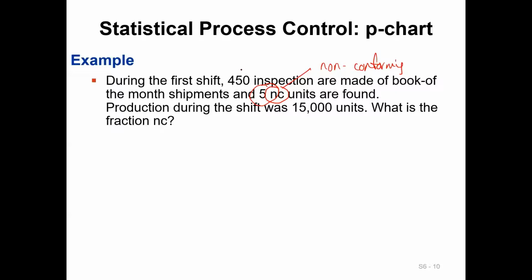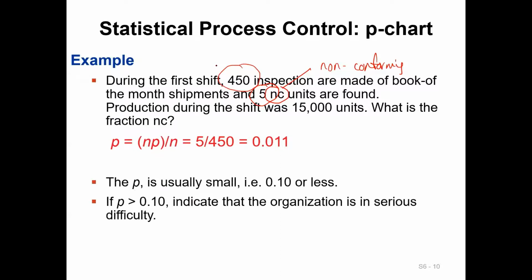The N is the number of samples inspected. So in this example, P is equal to 5 divided by 450, and the fraction non-conforming for this process is equal to 0.011. Okay, so this is a fundamental concept of binomial.